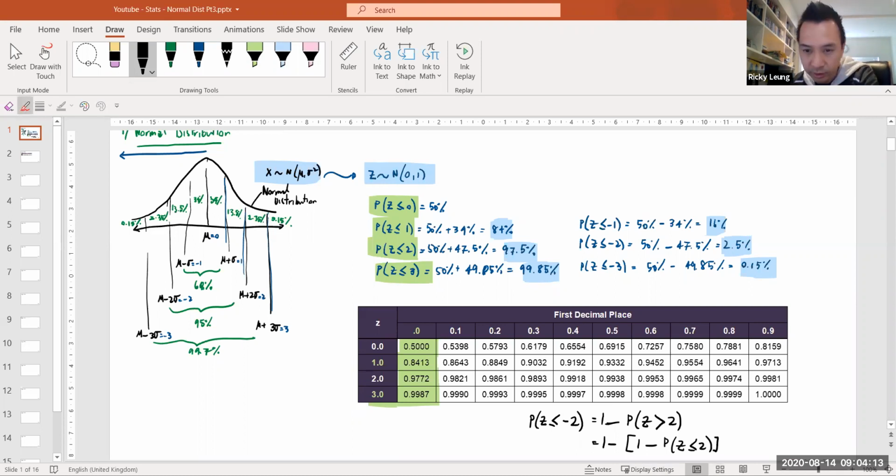Sorry, I've got that wrong, let me get rid of that. The probability of less than -2 equals the probability greater than 2, which equals 1 minus that. Perfect. And you can get that from the table. So 1 minus this would give you the less than -2. In other words, to get these guys here, it's 100% minus these three numbers here, which will get you the number. Hopefully that makes sense.